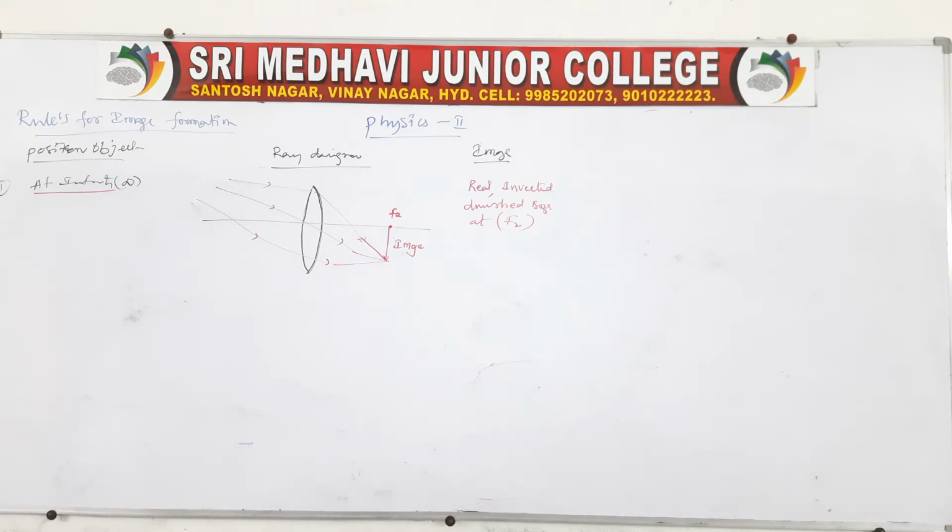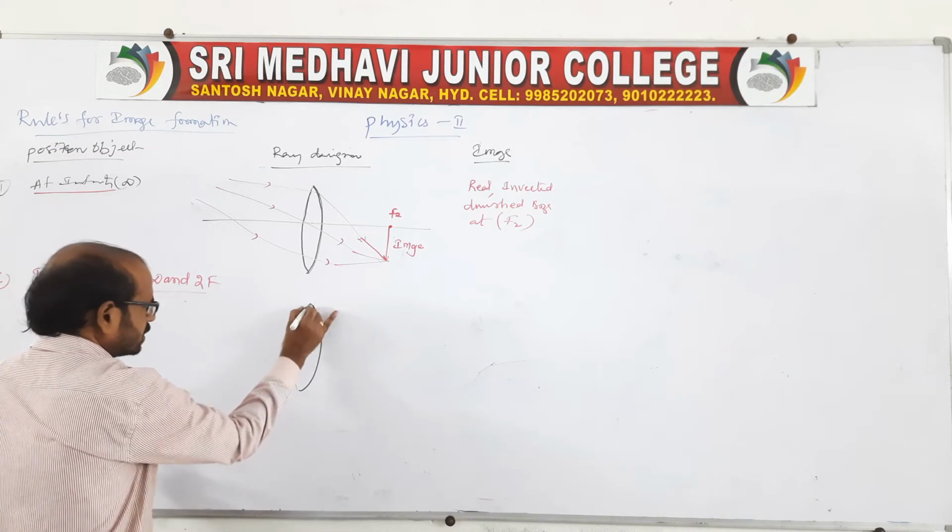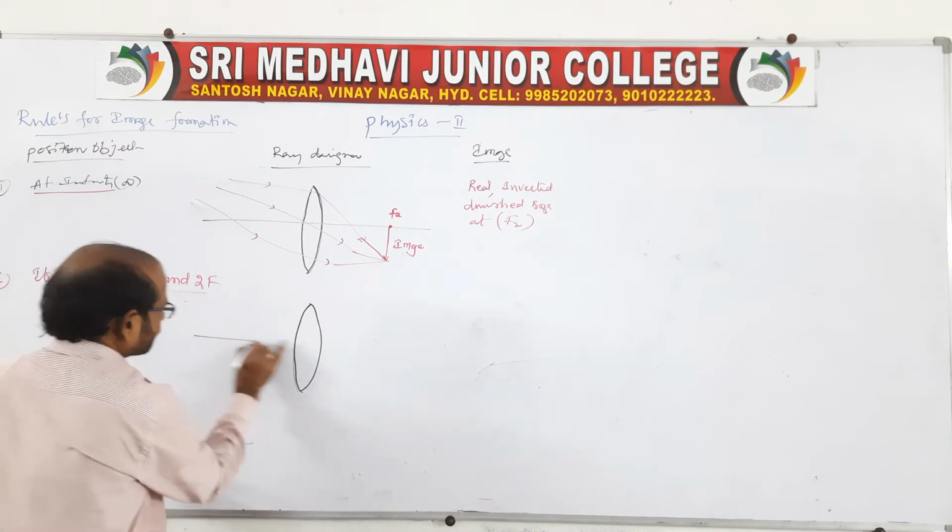And you go for the second. Now I am giving the second diagram. If the object is between infinite and 2f, where f is the focal point, your ray diagram will be given like this. Clear?